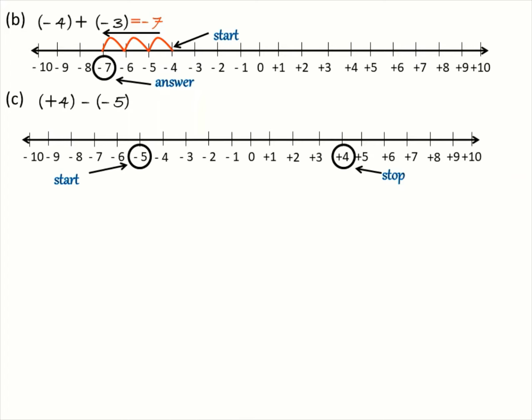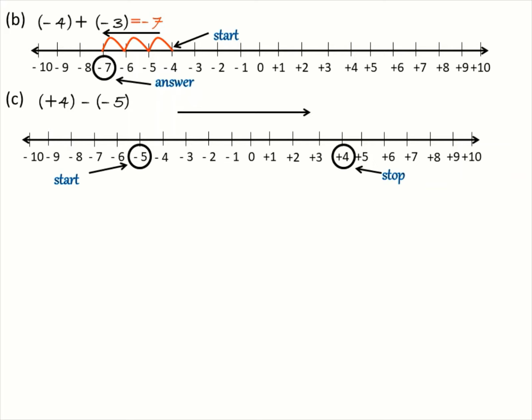Now, if you look at this, you will notice if you are starting at -5 and you are stopping at +4, it means you are moving in a certain direction. And if we go back, we realize that is the positive direction. So before we even do anything, we know that our answer will be a positive value. Now, how do we tell the solution from this kind of a scenario?